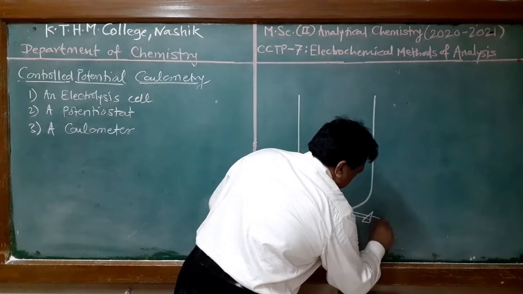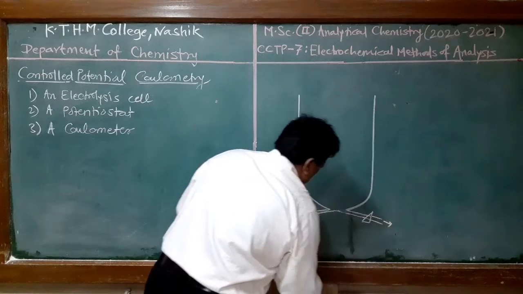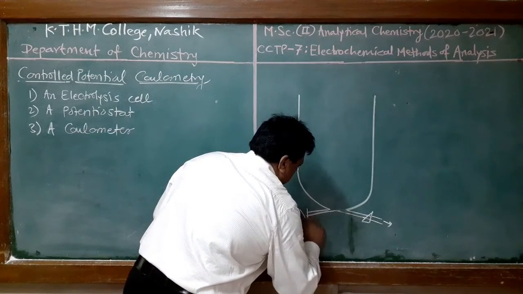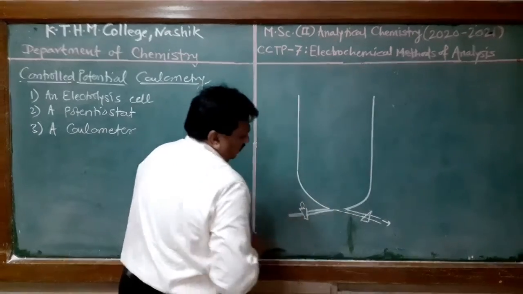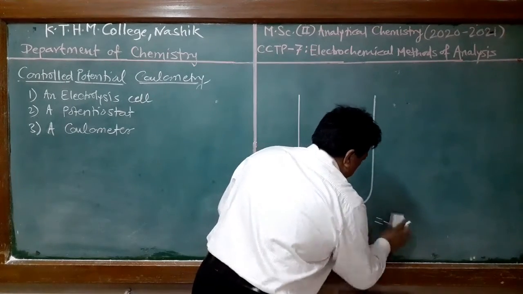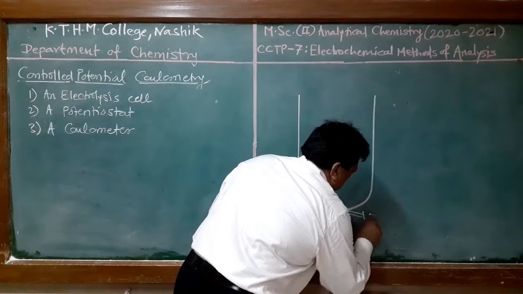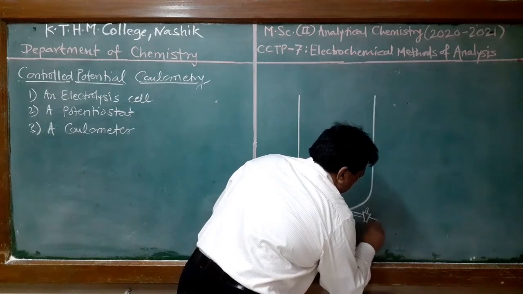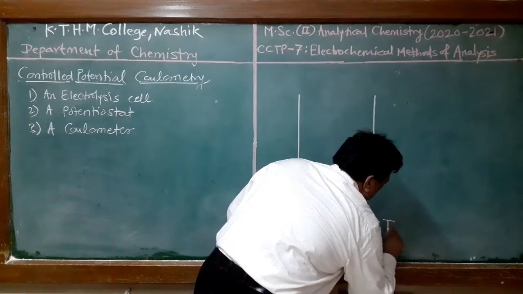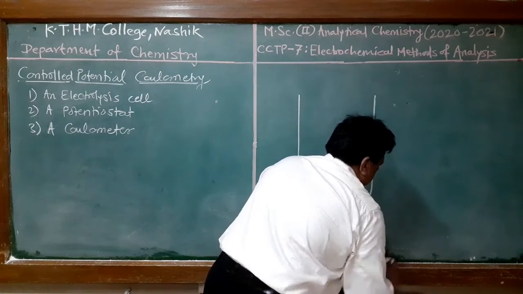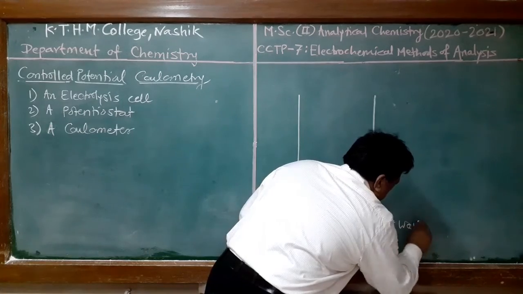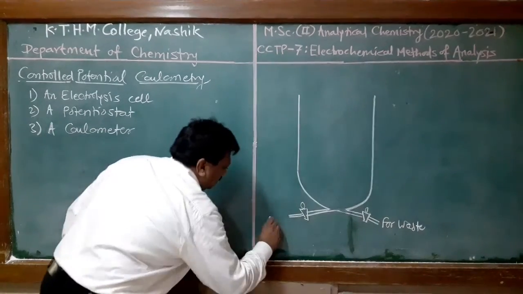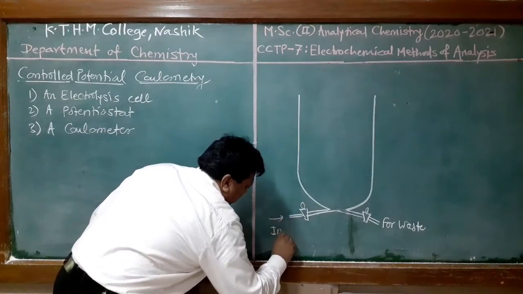Now this is a cord through which we can remove the waste material. Therefore, this is the outlet for removing the waste, and this is for the inert gas.